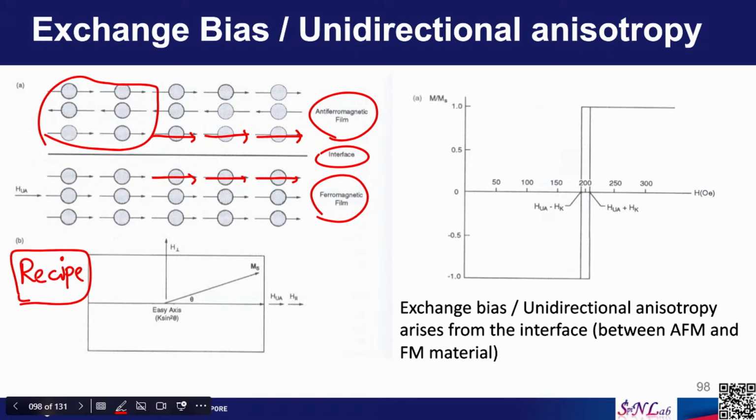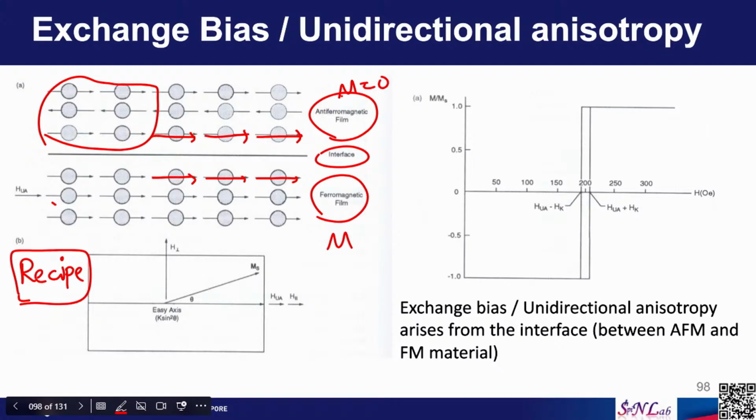So you have formed this kind of interface, and now if you measure the hysteresis loop of this ferromagnetic film, I mean you are measuring the hysteresis loop of this whole thing, but the antiferromagnetic material will not show anything significant, because you know that their net magnetization is 0.